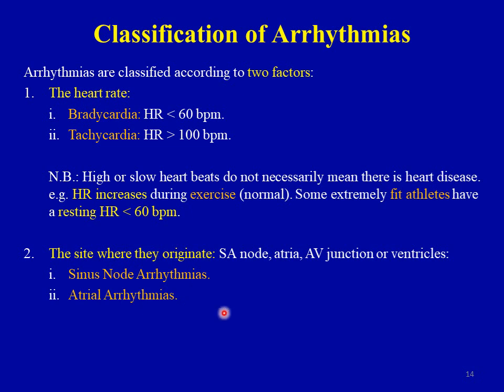We have atrial arrhythmias that originate in the atria, right or left or both. We have junctional arrhythmias that arise in the AV junction. Here we mean the AV node and the AV bundle. And ventricular arrhythmias, arrhythmias that originate in the right or left ventricles or both ventricles.